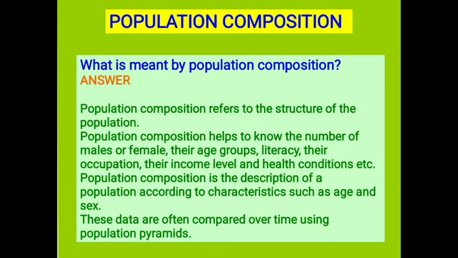It helps to know the number of males or females, their age groups, literacy, their occupation, their income level, and the health conditions, etc. Population composition is the description of a population according to characteristics such as age and sex. These data are often compared over time using population pyramids.